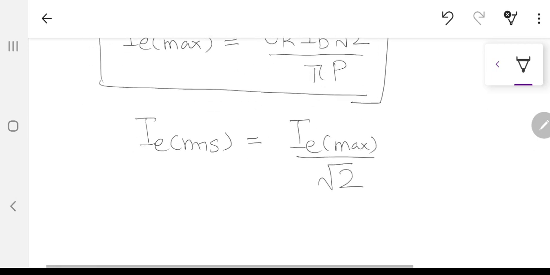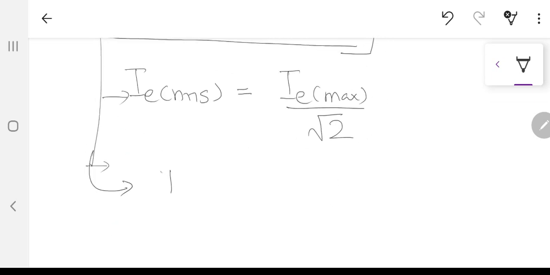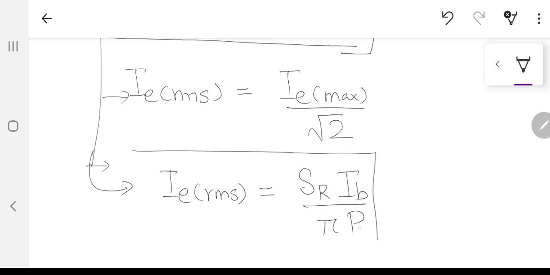So using these two equations, the final form is that if you want to find out IE RMS, this is simply SR IB divided by pi p.